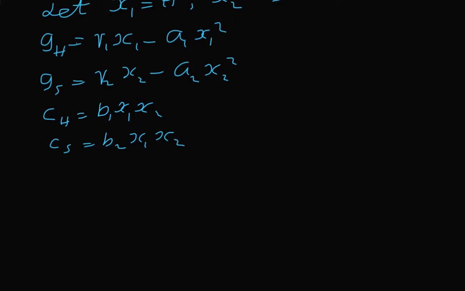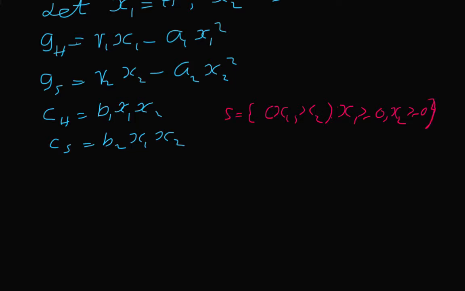Therefore, I can define a point (x1, x2). This is a point, and so let me define a set: x1 greater than or equal to 0, x2 greater than or equal to 0. So this is the set S.